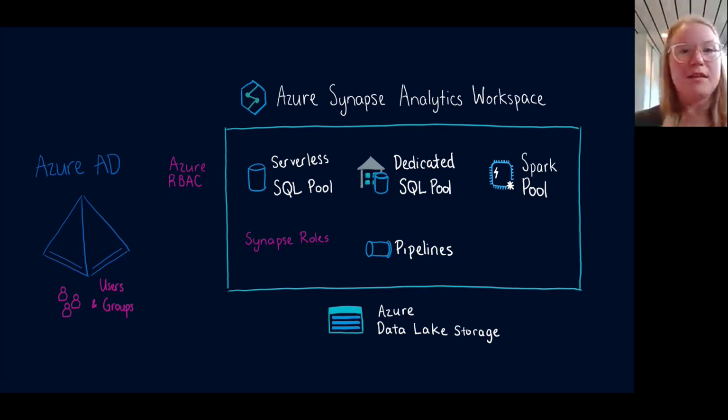We'll take a look at that a little bit later, of how you can then assign these. But those are what you're going to need if you need to work within the workspace, which most of our data professionals are going to need. They don't just want to start and stop pools. They will actually want to make something that is of value with the data. So for them, the Synapse roles are probably where you need to start.